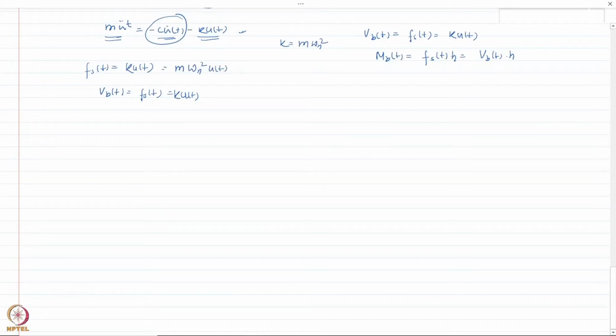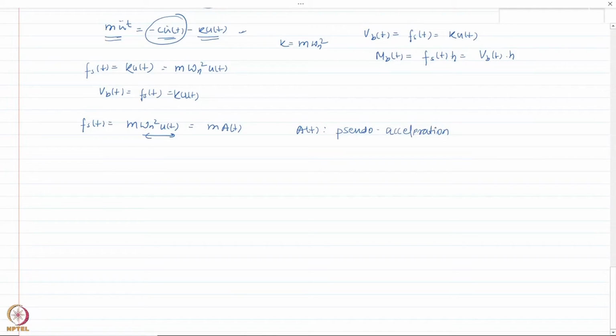Now this quantity has units of acceleration, and basically we write this expression as m a of t, where a of t is referred to as pseudo acceleration.